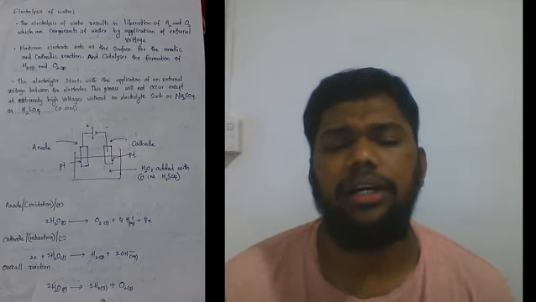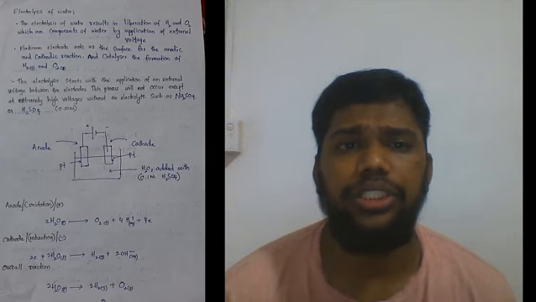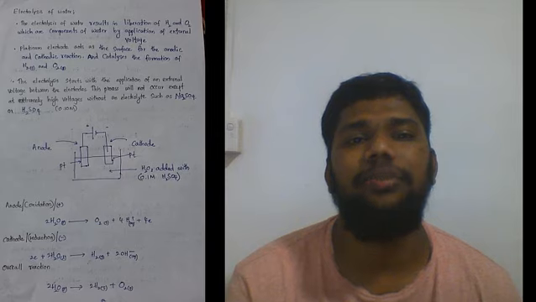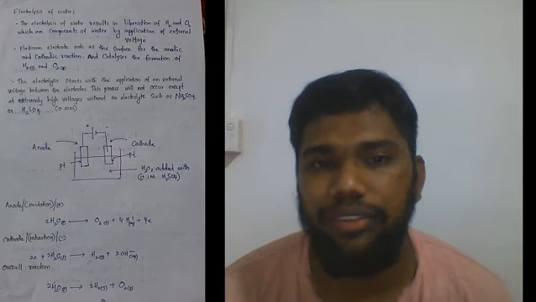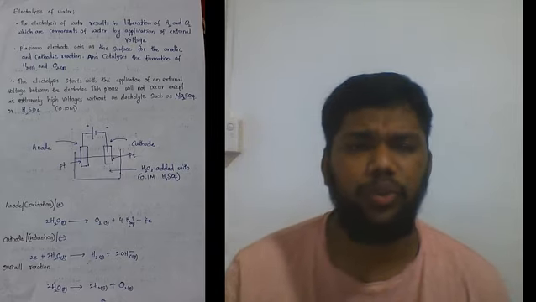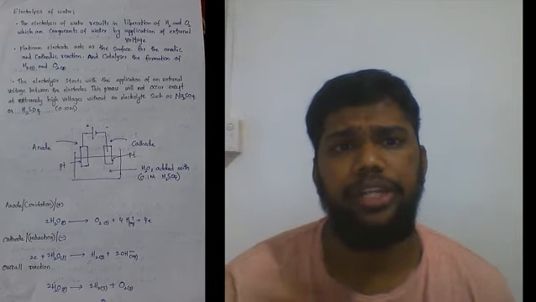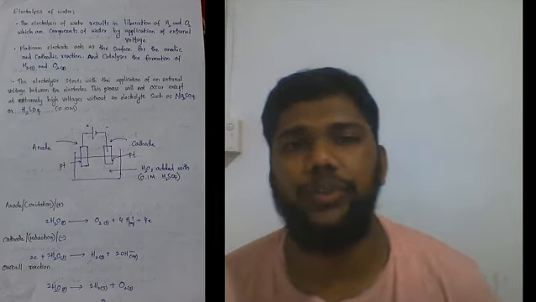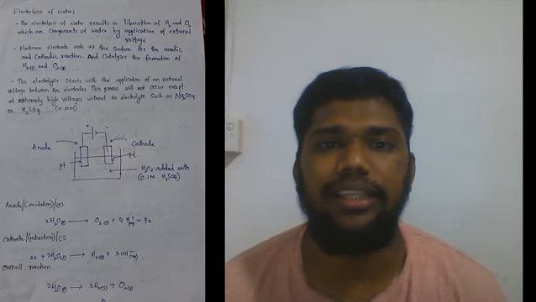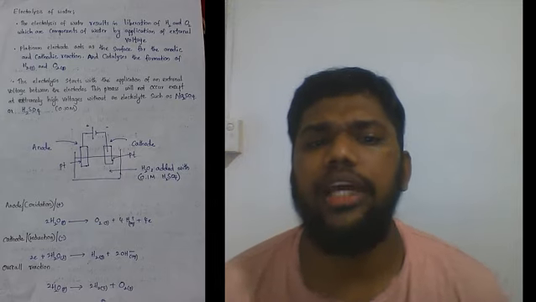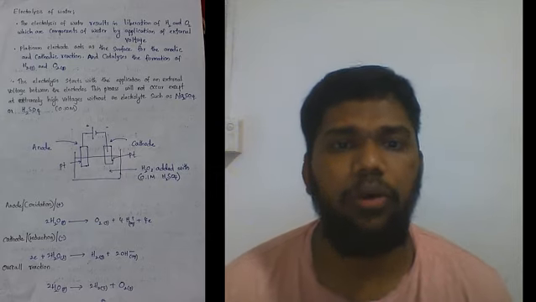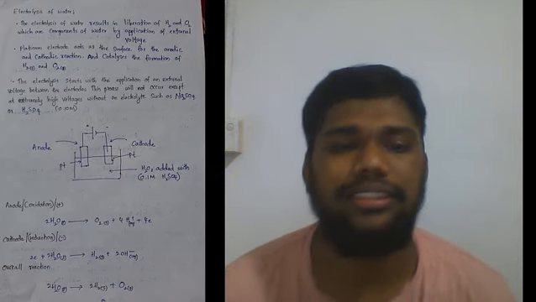But I recommend you to write this using water molecule, because writing reduction of H plus to H2, or OH minus oxidized to O2 is not a complete reaction actually. That is just to understand the concept. But when you are writing the anode and cathode reactions for water, that is more complete.